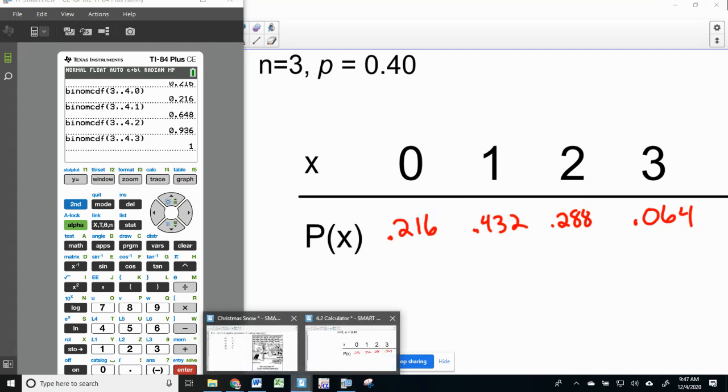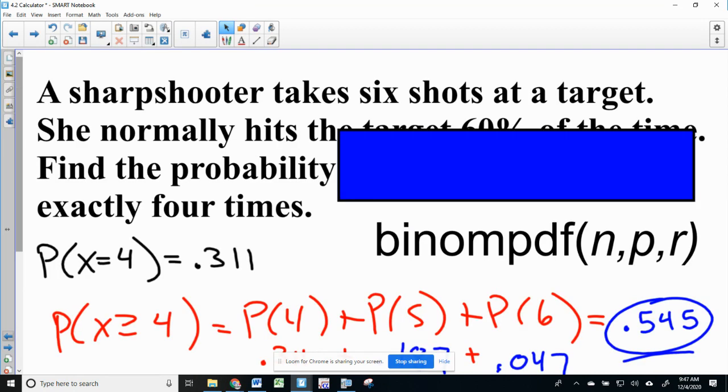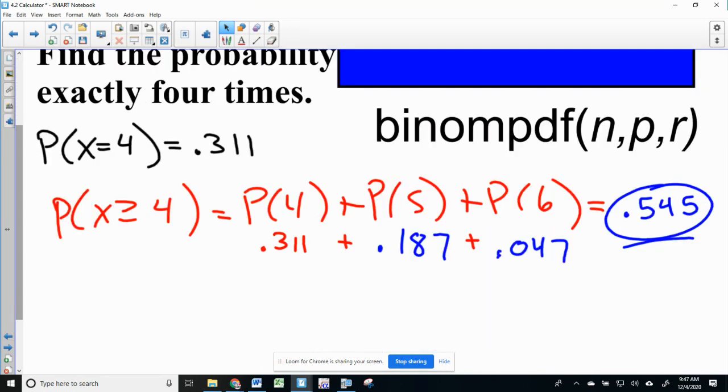So if you do one like this, and you want greater than 4, the cumulative will give you less. So to get your answer, you'd have to subtract from 1. If that made any sense at all, great. You're a little bit ahead of the others. If you're kind of sitting there thinking you're not sure, completely ignore your calculator, do everything on the chart, and you'll be good.